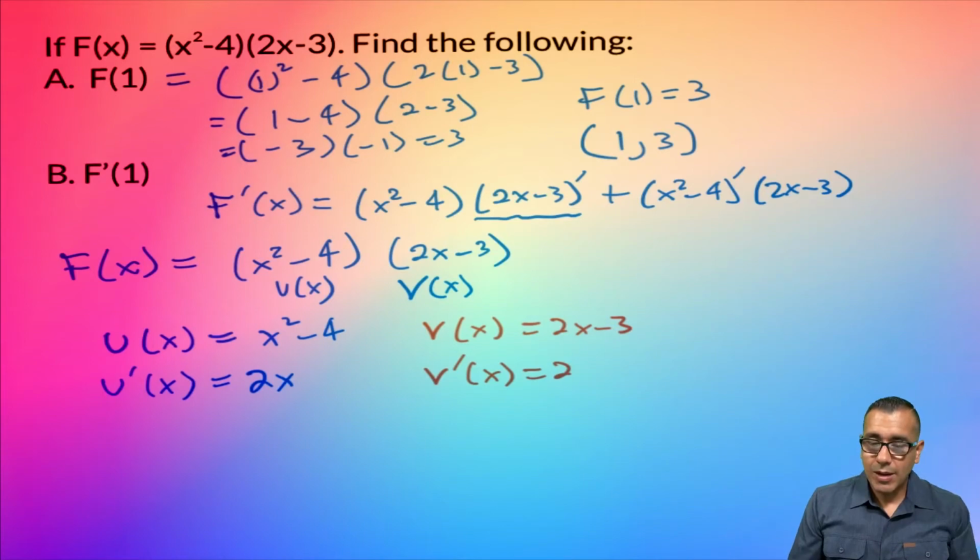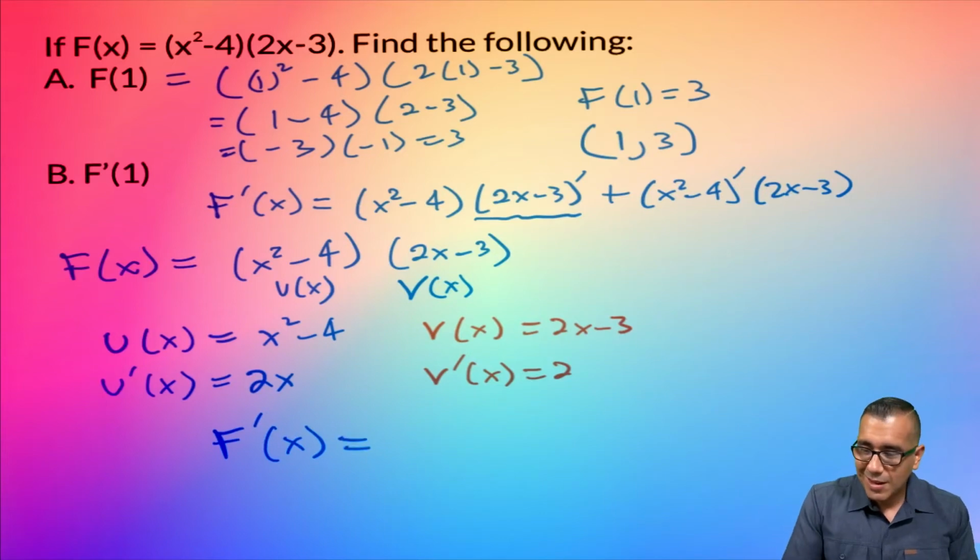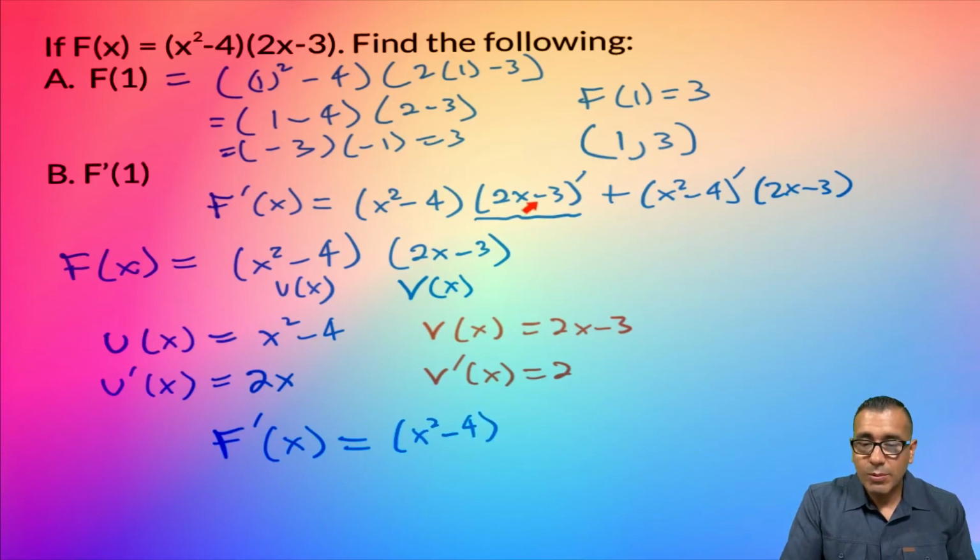All right, so let's go ahead and now let's go back to what we were doing before we went to commercial break. So we found we needed to find this right here. So x squared minus 4, that stays the same. X squared minus 4, but now we want to multiply it times the derivative of this 2x minus 3, and we called that v of x. And the derivative of that was just 2.